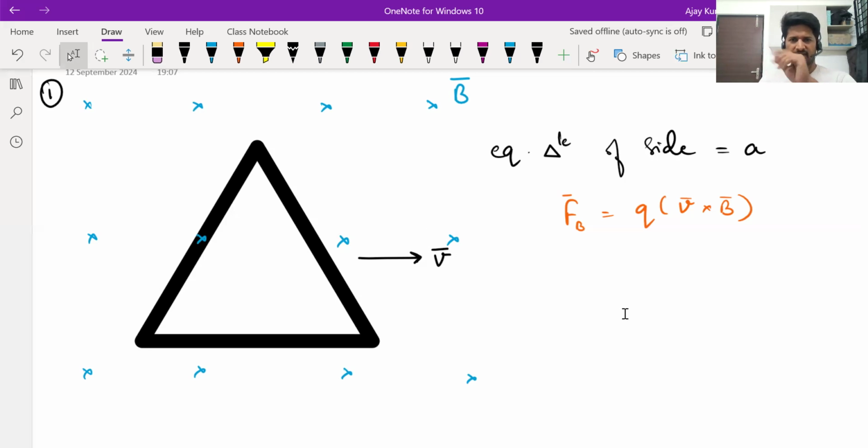V is to the right, magnetic field is into your screen. So what is the direction of V cross B? Isha, can you tell? Sir, upwards. Upwards, correct.